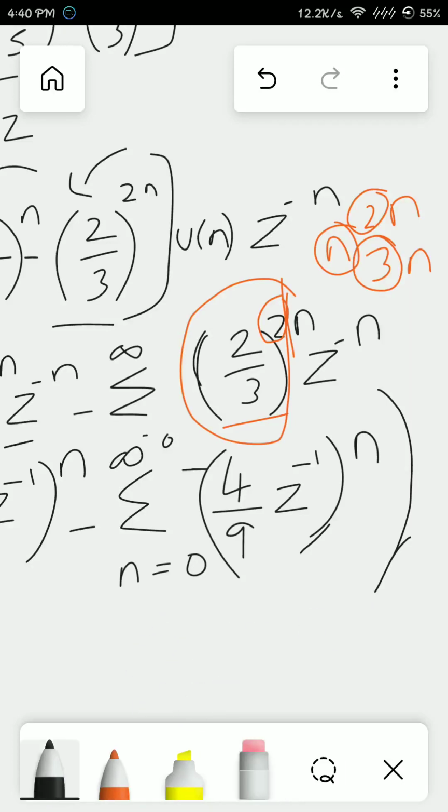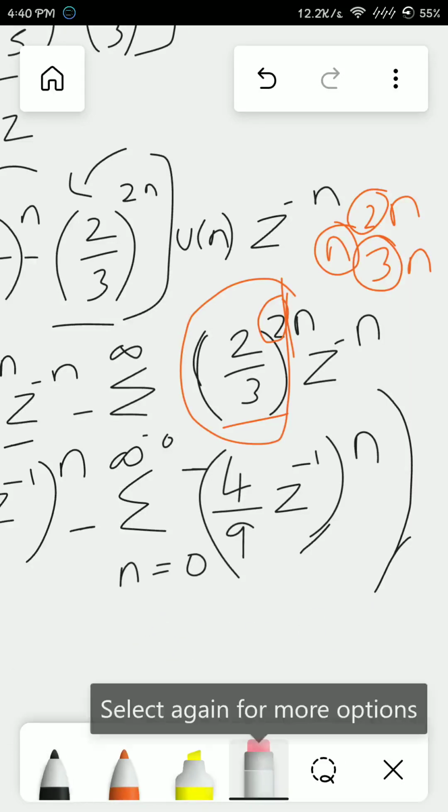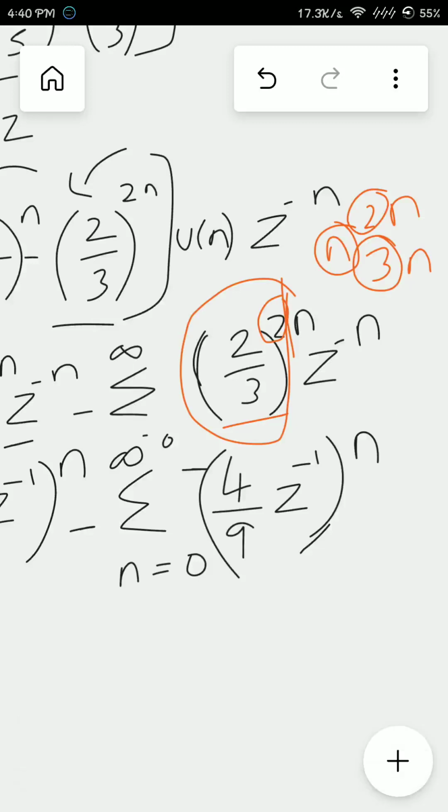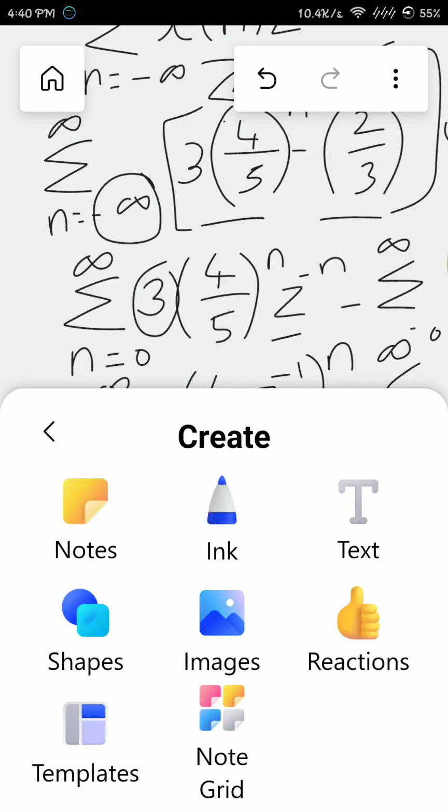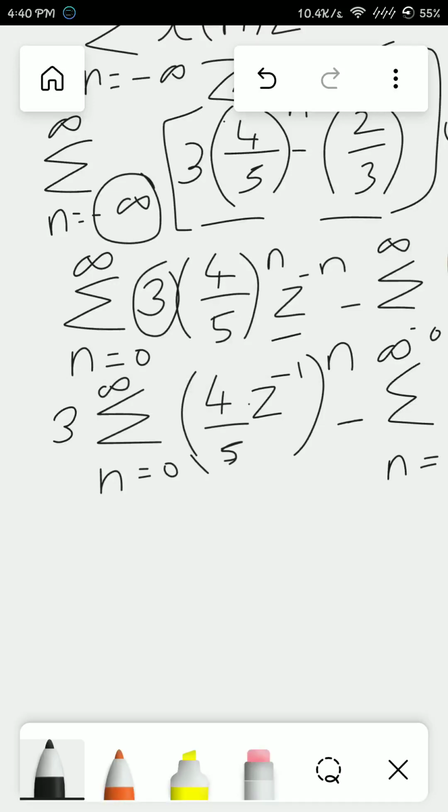And then in the very next step we are going to apply the formula. You already know the formula: 1 minus 1 by alpha.